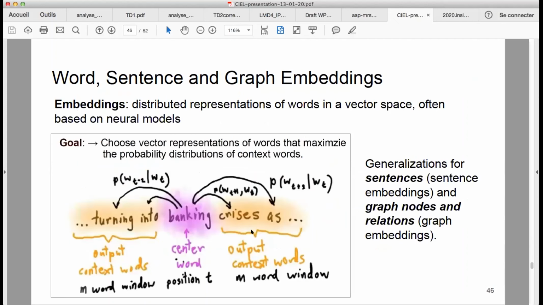So just very briefly, what we aim here is to generalize well-known word embeddings or distributed representations of words in a vector space that are based on neural models in most of the cases, which use the context of a word within a huge corpora to predict the words in its neighborhood, or inversely, if we have the neighborhood to predict the word. So this is how the representations are optimized. And graph embeddings generalize on this idea.